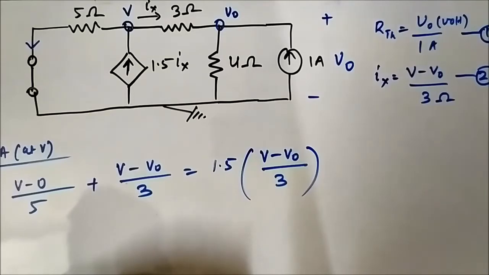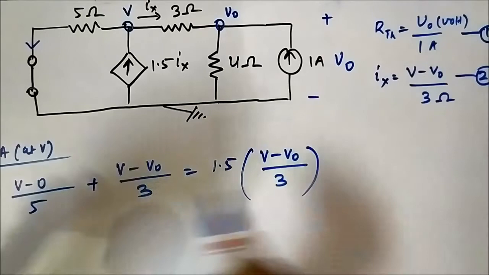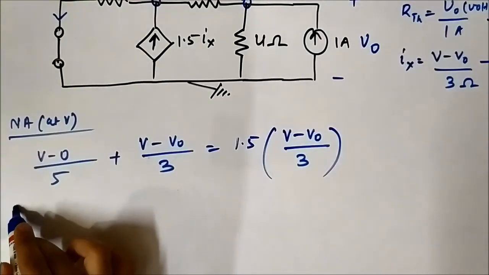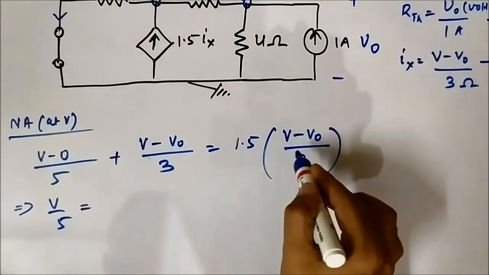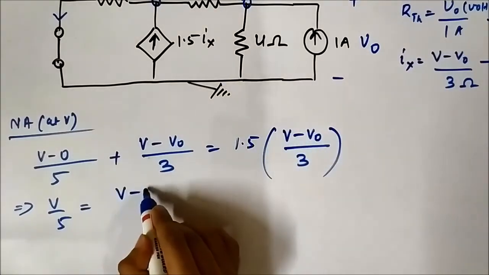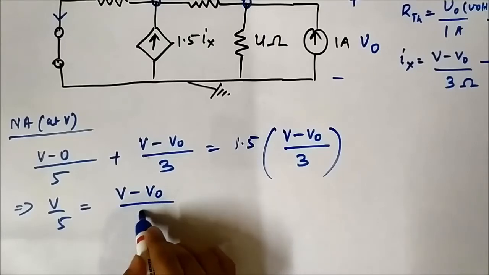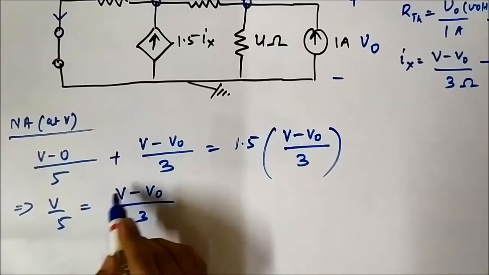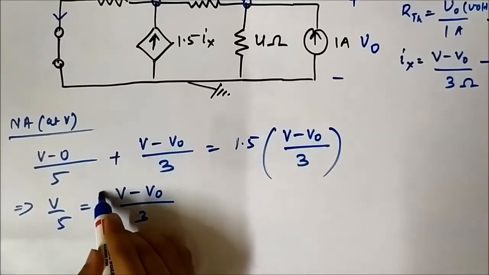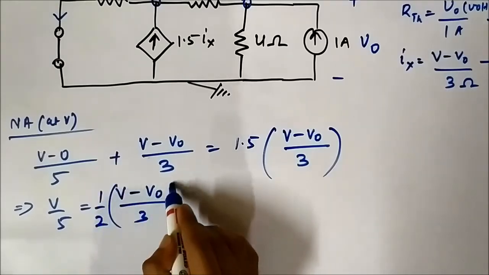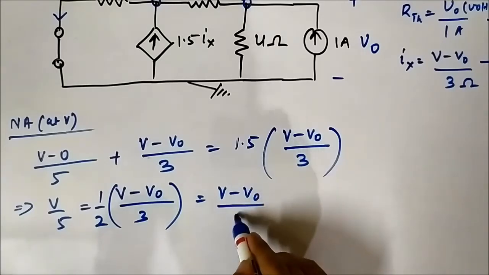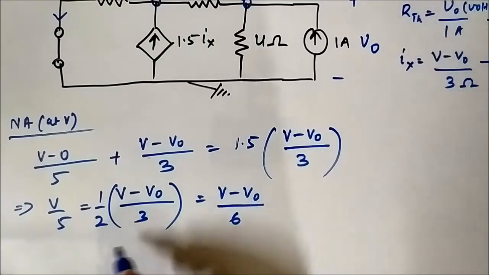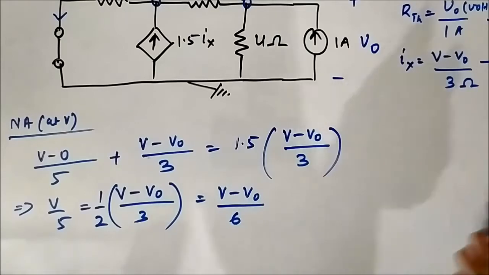Now if we simplify it, it will become V by 5 is equal to V minus V0 by 3 times 1/2, which is nothing but V minus V0 by 6. V by 5 is equal to V minus V0 by 6.